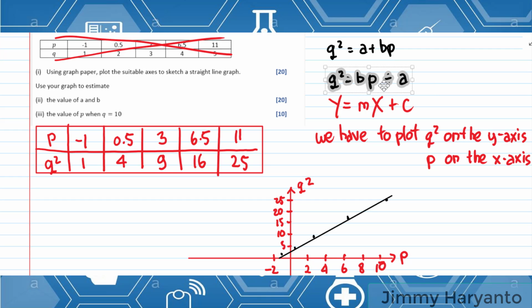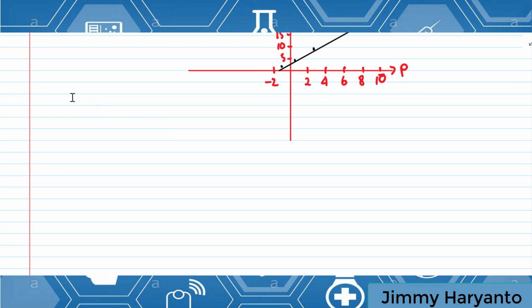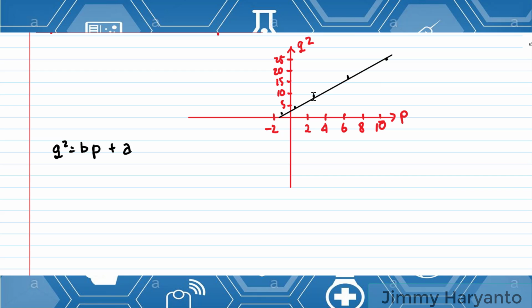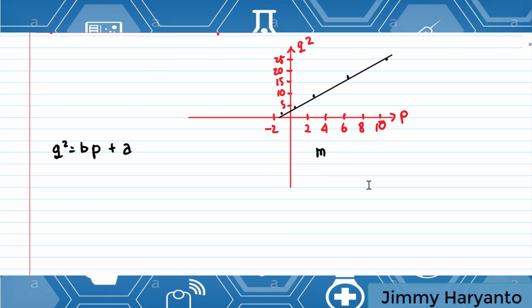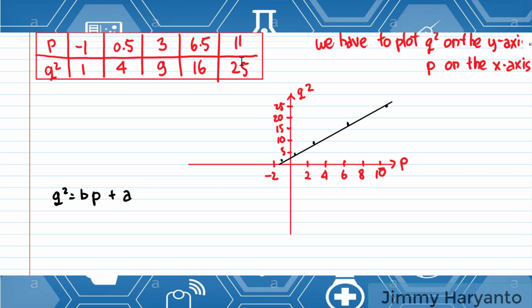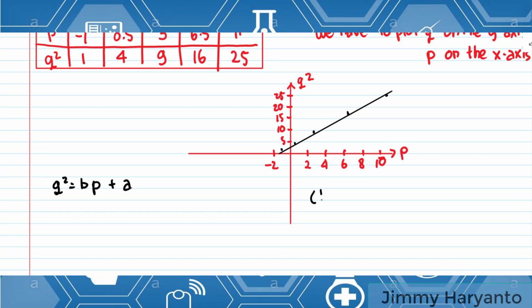Let's copy this one. Then we have to find the gradient. First you have to choose 2 points. I can use 11, 25, and the first one, negative 1, 1.